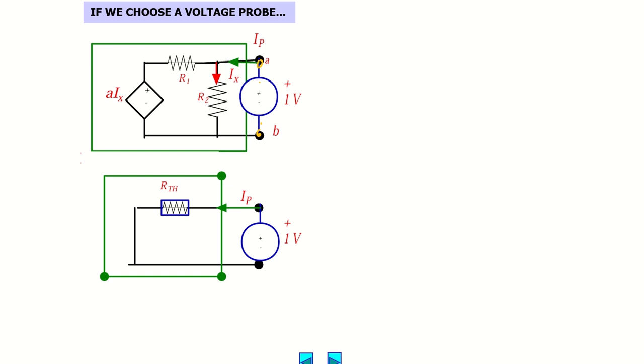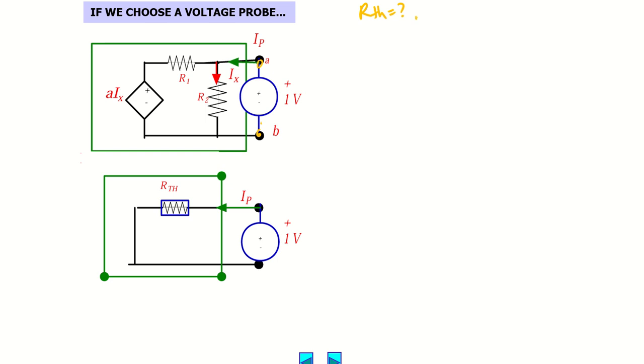For example, I choose a voltage source of 1 volt. So our target is to find R Thevenin basically.